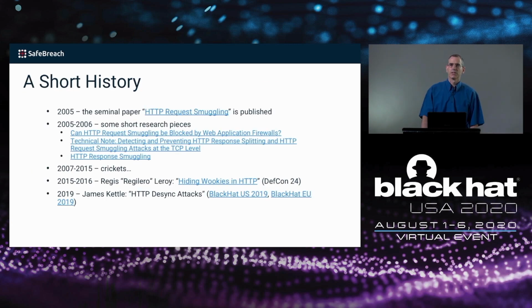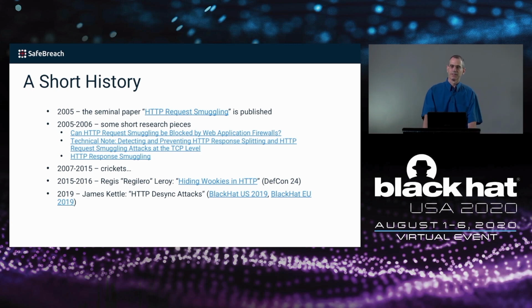A short history of HTTP request smuggling. As we can see, in 2005, that's a decade and a half ago, the seminal paper on HTTP request smuggling was published. It was followed by several smaller research papers. And then for almost a decade, there was no substantial research in the HTTP request smuggling area.